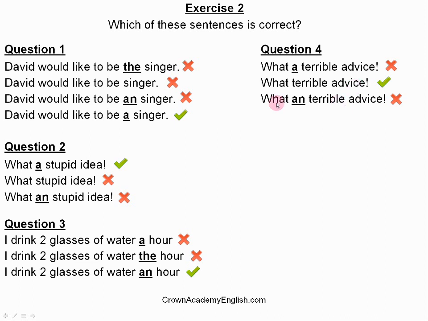So here it is an exclamation, but we do not use an article because the word advice is uncountable in English. Okay, so that is very important. That is why we do not have an article here. Okay?